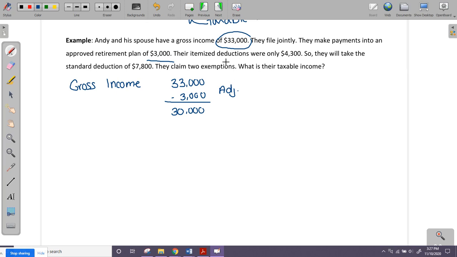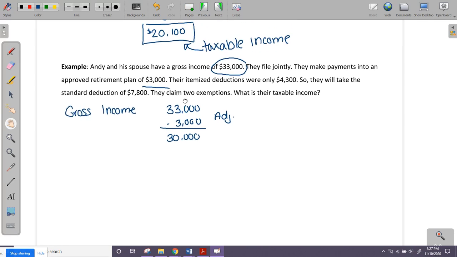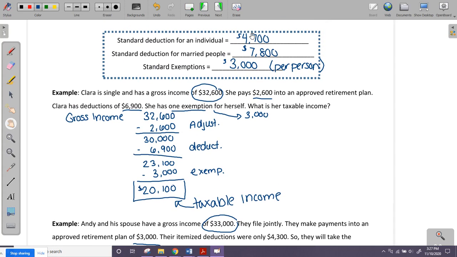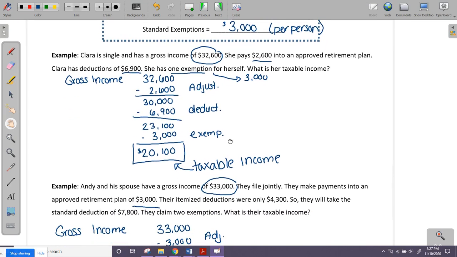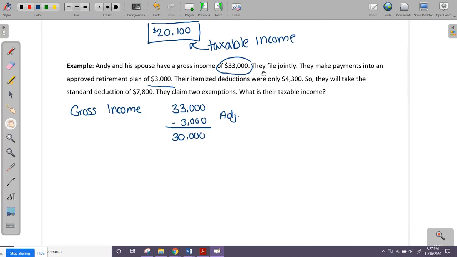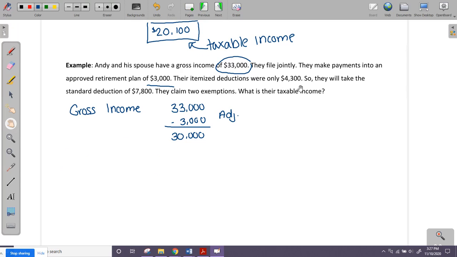Then they have itemized deductions of $4,300. The standard deduction from our chart above for a married person is $7,800. So since they only had itemized deductions that were smaller, we want to take the larger number.